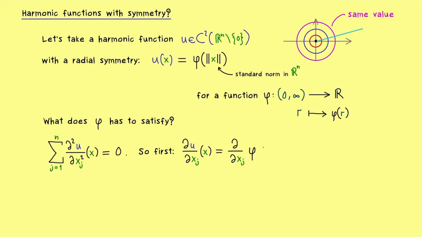More precisely, we have phi of the square root of the squares added. So the Euclidean norm in Rn is not so complicated, and we can definitely form the derivative. So the first thing we get here is phi prime of x in the norm, and then times the derivative of the square root times the inner derivative 2xj. So we have 1 over 2 times the square root, which we could write as the Euclidean norm again, times 2xj.